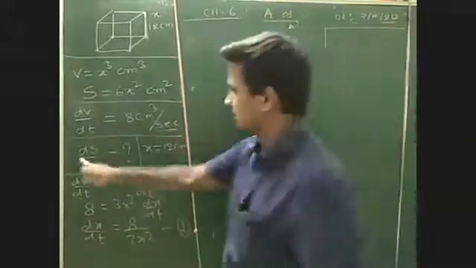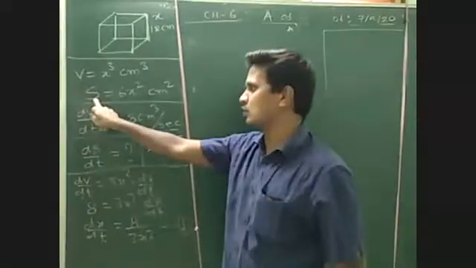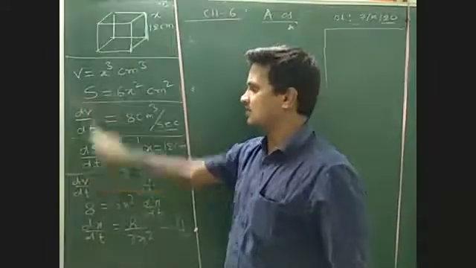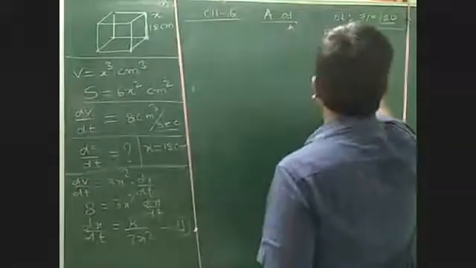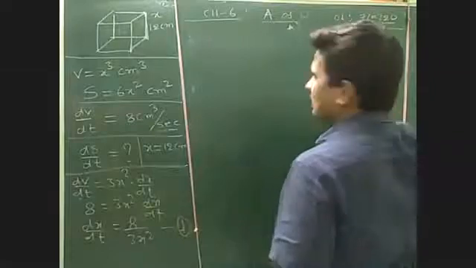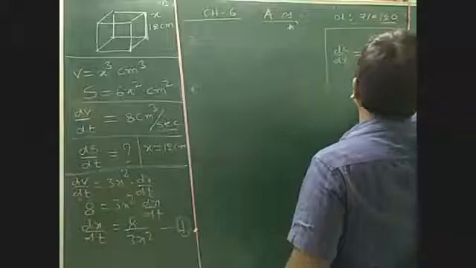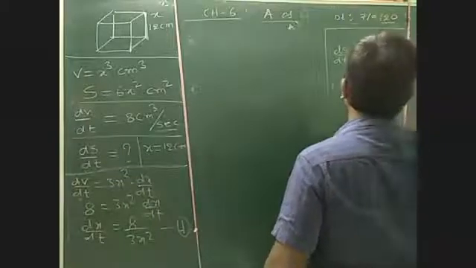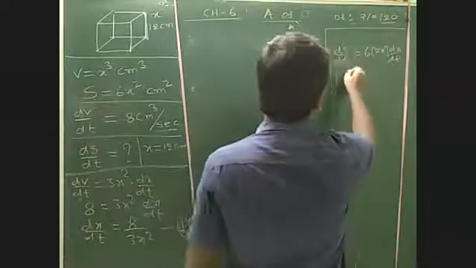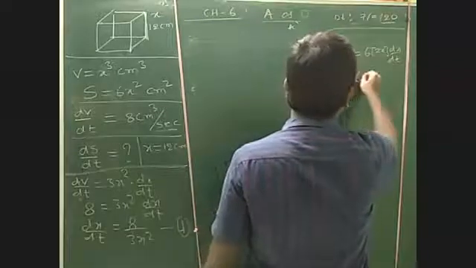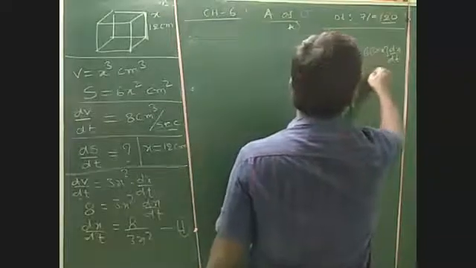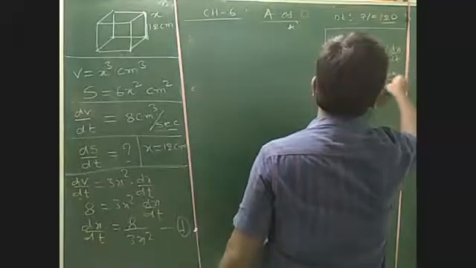Then we need to find dS by dt. We know the S value. Differentiate with respect to t. dS by dt is equal to, again, 6x square gives 6 into 2x and dx by dt. We need to find this value. So 6 into 2, 12x dx by dt.